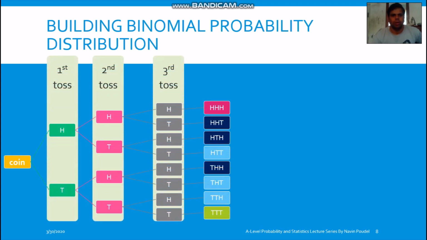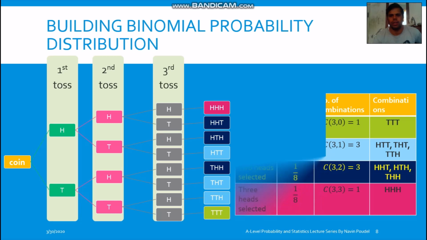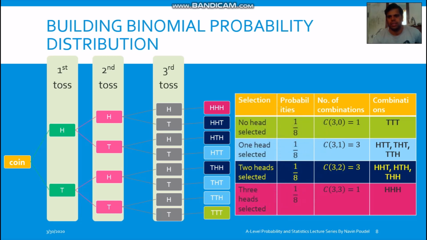Let's talk about building the binomial probability distribution. From our previous example of 3 tosses of a coin, we have these 8 different outcomes, and we can summarize them in a table. In this table, I'm trying to explain how the number of heads can be selected. If we choose no head, then there is exactly one way to select no head, that is 3 combination 0, the combination of 3 things taken 0 at a time.